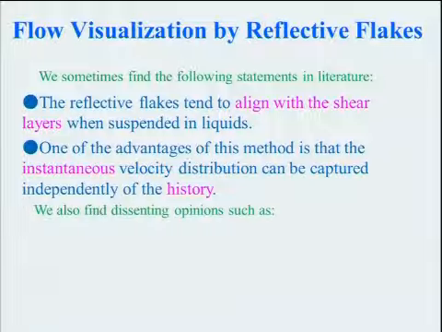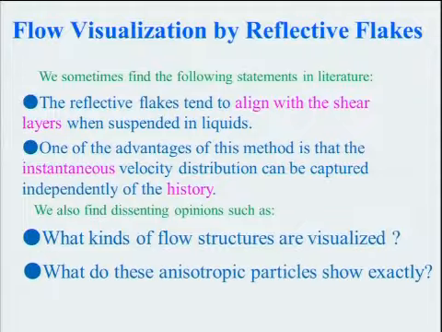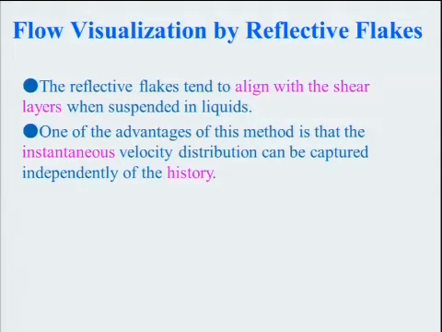And on the other hand, we have the opposite opinion. What kind of flow structures are visualized? What do these anisotropic particles show exactly? And today, I focus on this statement.